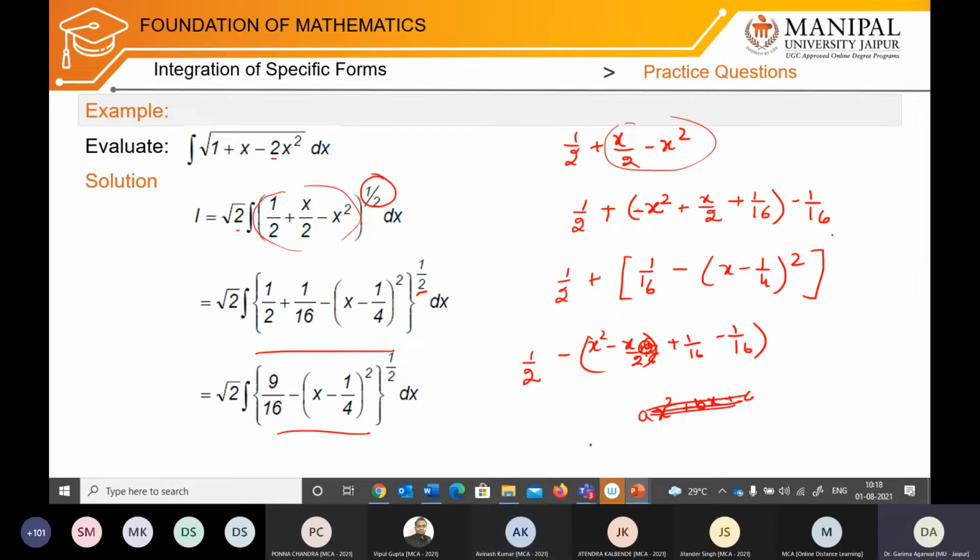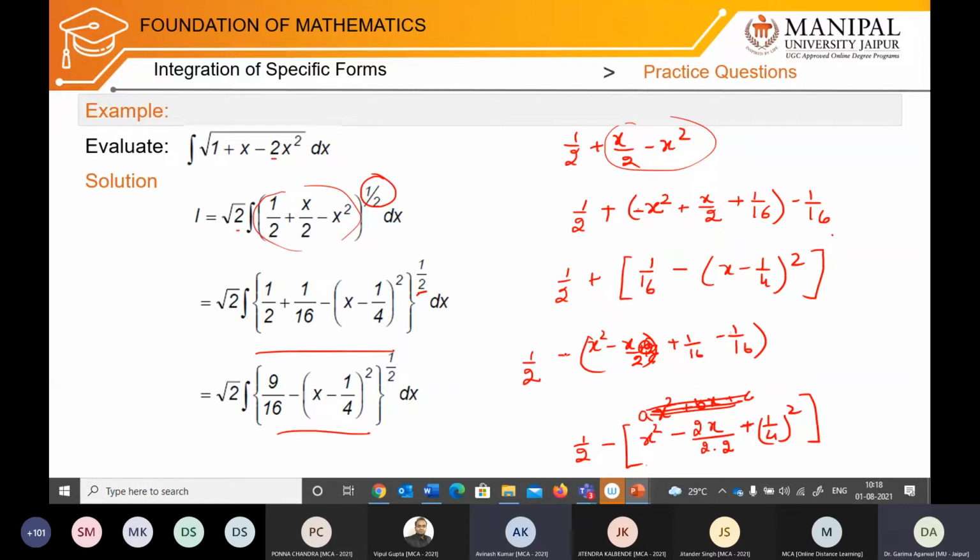Now how will it convert? 1 by 2 minus, it will be x square minus 2x times, I just multiply and divide it by 2, plus 1 by 4 whole square.